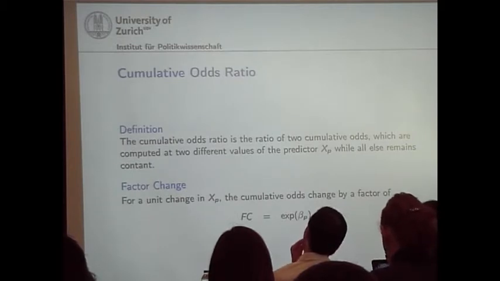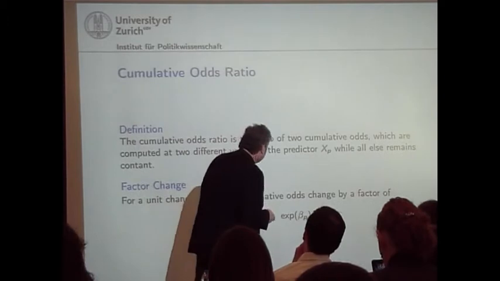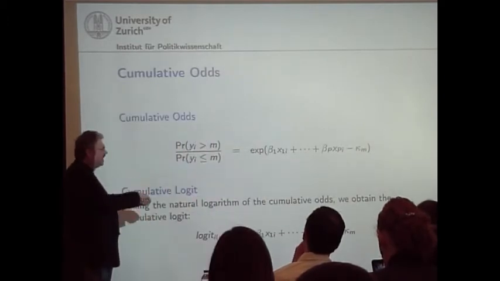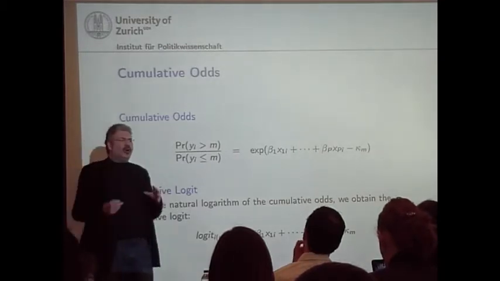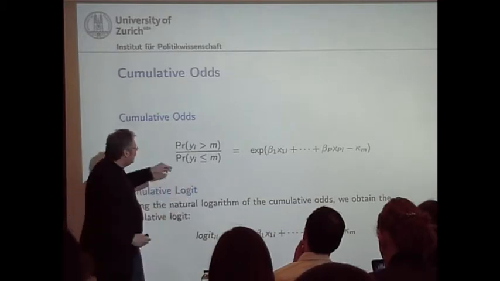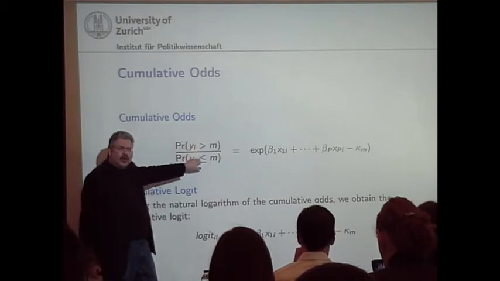And the interpretation is maybe even more tricky than it is in normal logit, because what are we talking about? We're talking about a factor change in this thing. It's really, when you want to interpret it, the factor change in the odds of picking a higher category over a lower category.